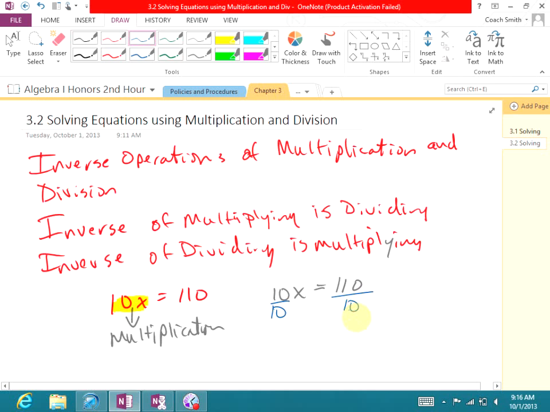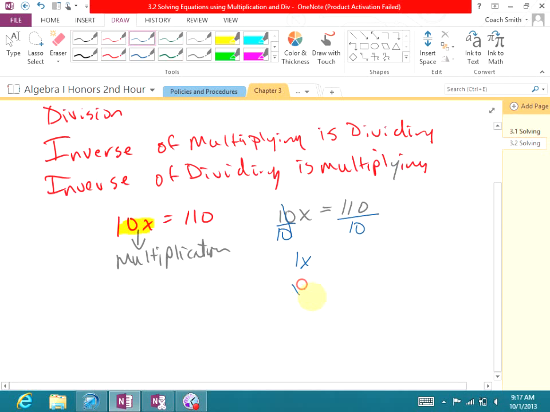Okay, because I'm multiplying by 10. The inverse operation is to divide by 10 to both sides. When I divide by 10, 10 goes into 10 one time, leaving me with 1 over 1x, okay, or 1 times x. I don't write the 1, okay, I just put x.